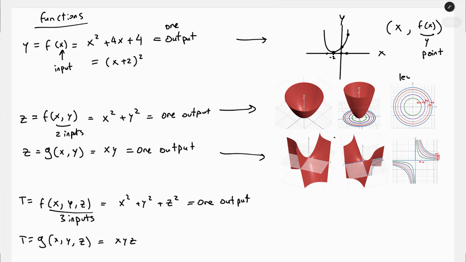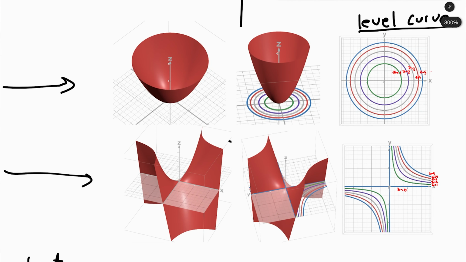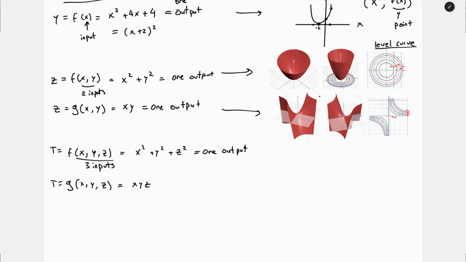And so this is a level curve. And yeah, basically this is the idea behind it. So now let's move to this one.